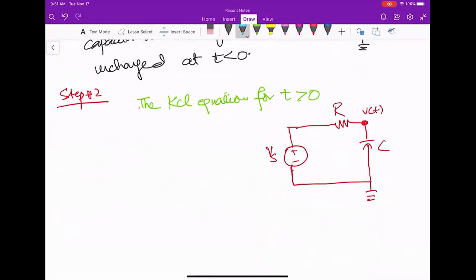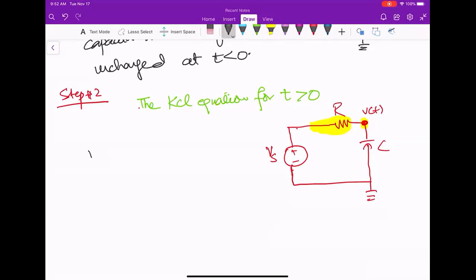First, what should I write? If I consider this resistor in the path, and I'm writing the node voltage here, what should I write? I'm a little confused, but is it V of t minus Vs over R?